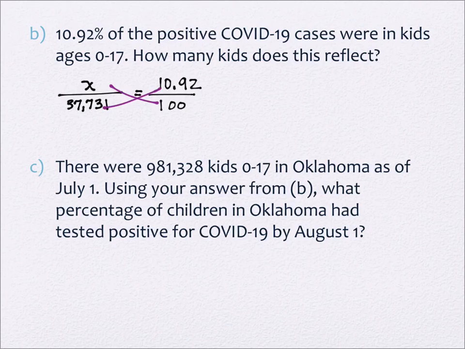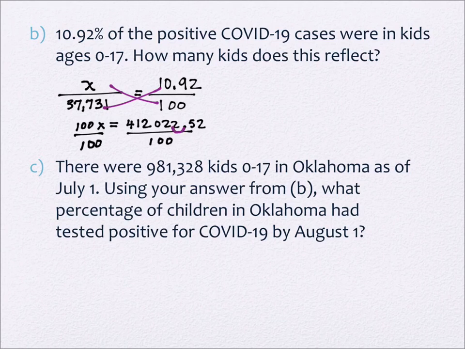Okay, so cross multiplying again, I have 100x equals, I'm going to help you out, 412,022.52. That's what it is if you multiply it. And if I divide by 100, what does that do to the number? Just moves the decimal, right?